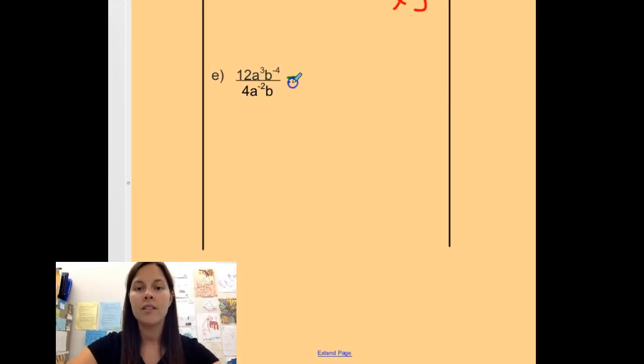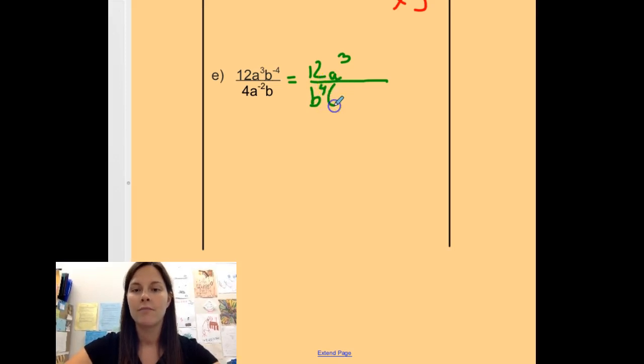On this one, since we have no outside power, I'm going to start by flipping those negative exponents. 12 does not have a negative exponent. A cubed does not have a negative exponent, but that b to the negative 4th does, so I'm moving that to the denominator and making that exponent positive. 4 does not have a negative exponent.